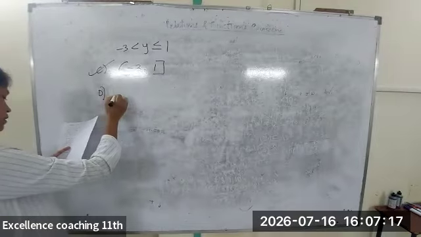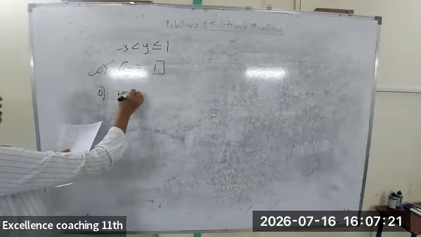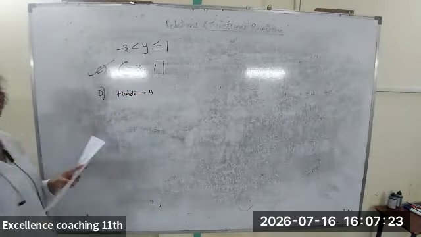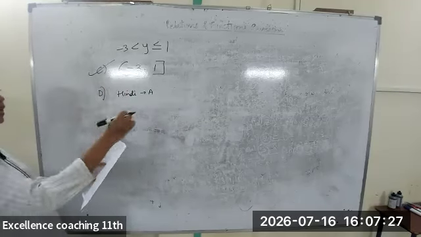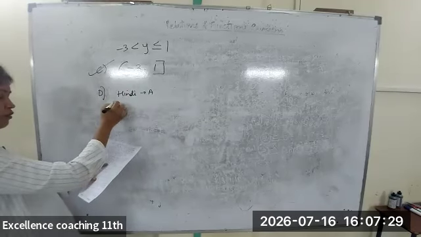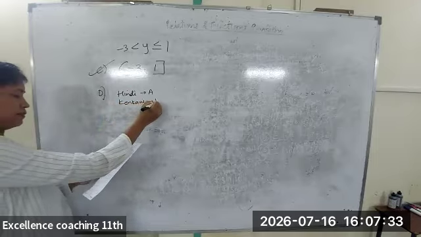So there are two sets. Hindi I'll take as A, and Konkani I'll take as B. You can take it as a small two-set problem, because there is no need for a Venn diagram. You can do it directly without a Venn diagram.